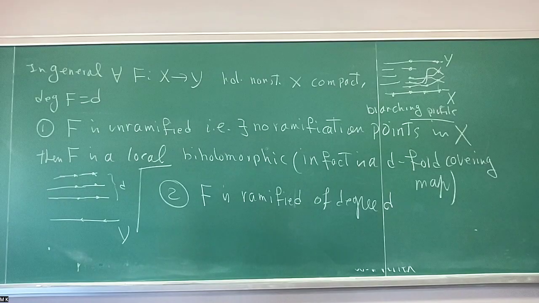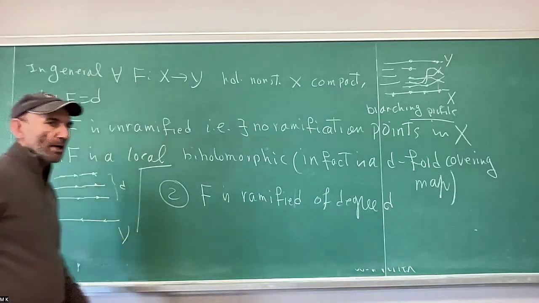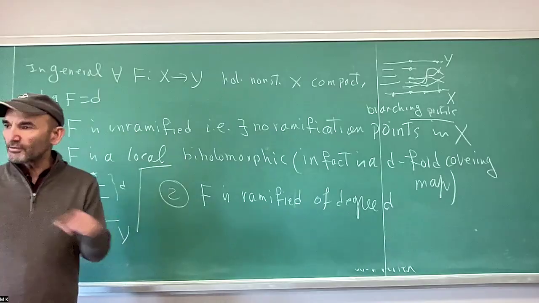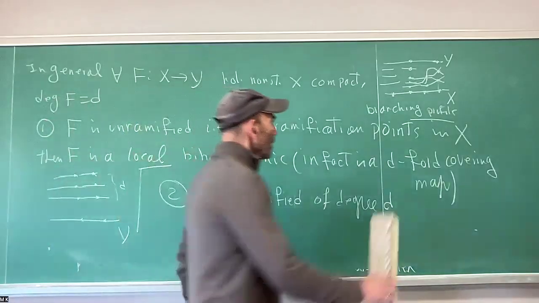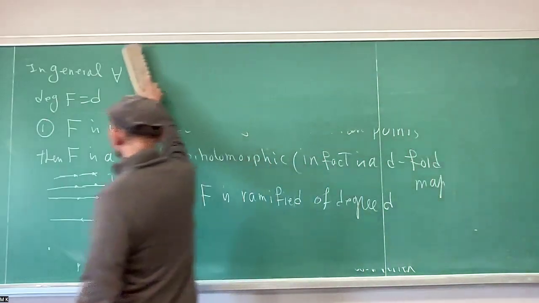Okay, now let me do one more. Let me write now the Riemann-Hurwitz formula in a different form, in terms of genus rather than Euler characteristic.